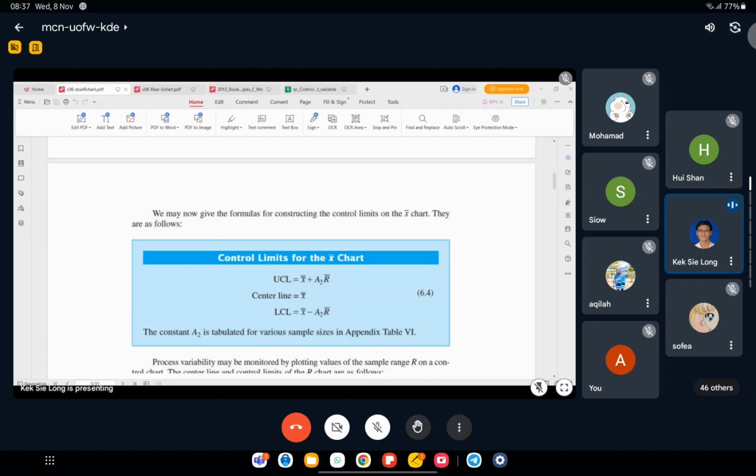Equation 6.4 into one, which is x bar bar plus minus A2 R bar. Then we know the plus sign refers to UCL, the minus sign refers to LCL, and without A2 R bar, it is the center line. So we just remember one equation, plus minus, is enough.